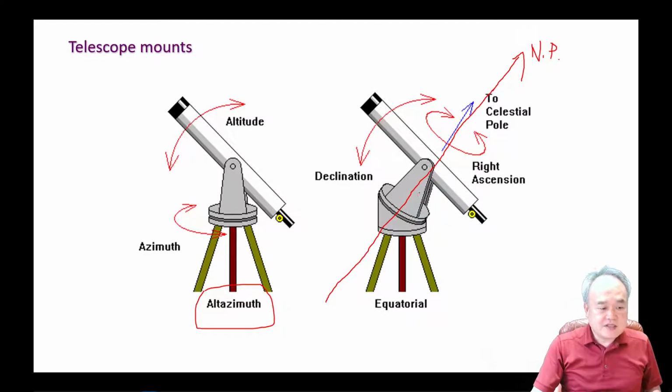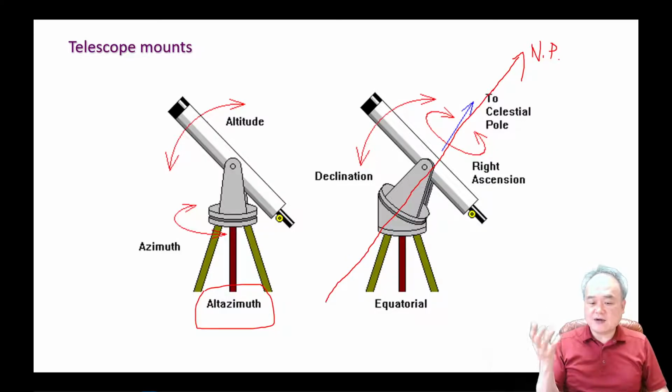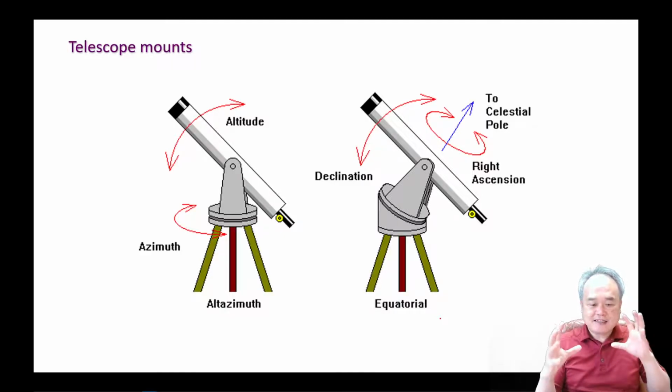Because of this, the equatorial mounting system was popular because it allows long-duration tracked observation. Okay? But as the telescope gets larger and larger, this equatorial mounting system requires very delicate weight balance of the telescope.